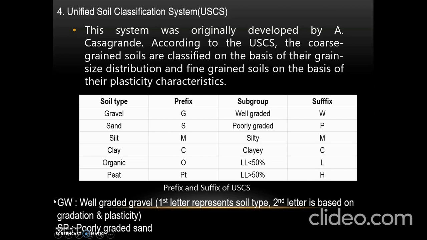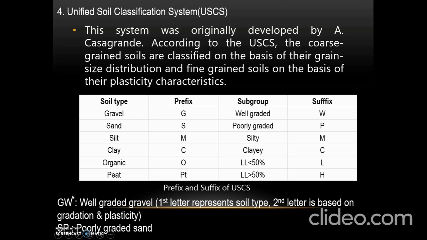Now suppose the soil type is mentioned as GW, then it will mean that it is well graded gravel. Here this first letter represents the soil type. So G means gravel, G is the prefix. So the soil type is gravel and W is the second letter.